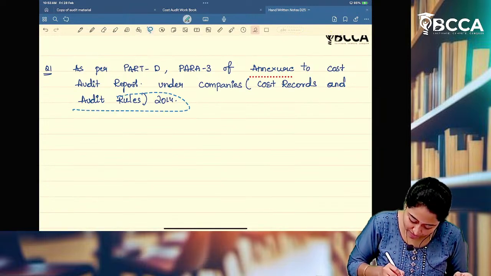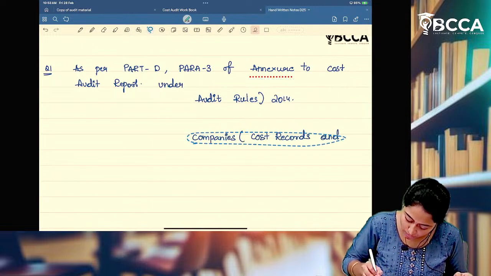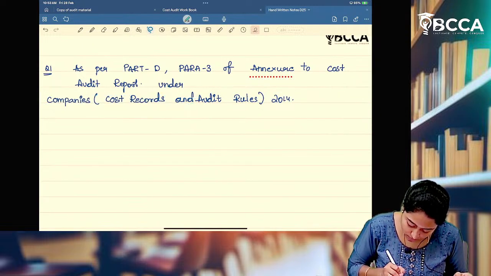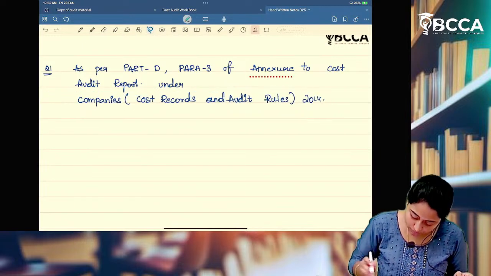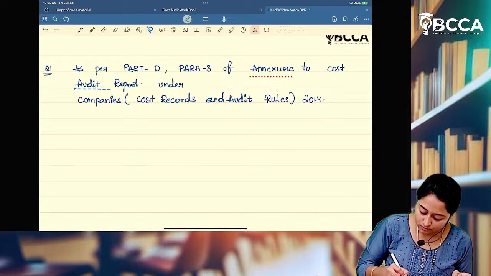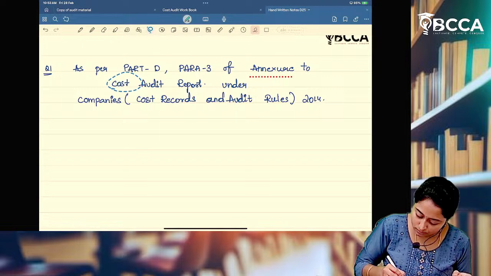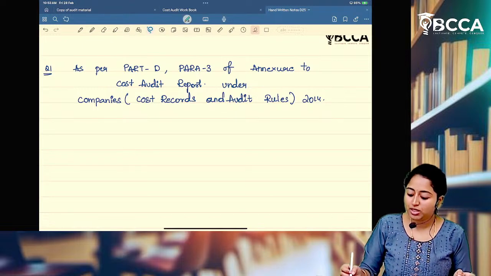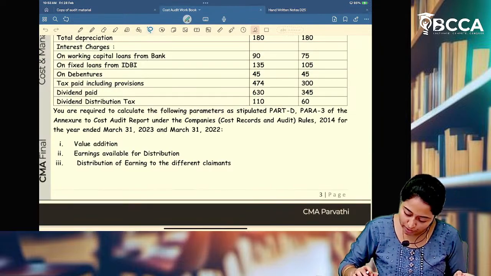As I don't have the space, I've written it in that way. Write it continuously, only then it will look good. Annexure to cost audit report under Companies Act, Companies Cost Records and Audit Rules 2014.